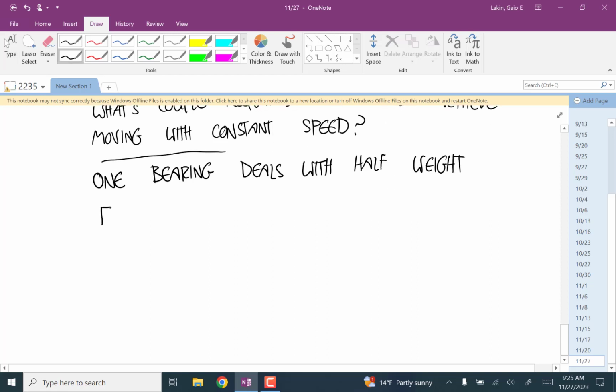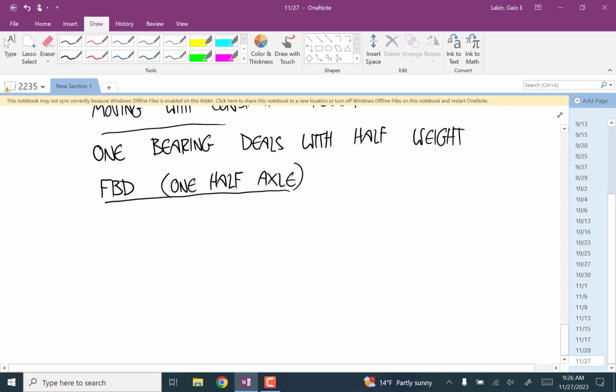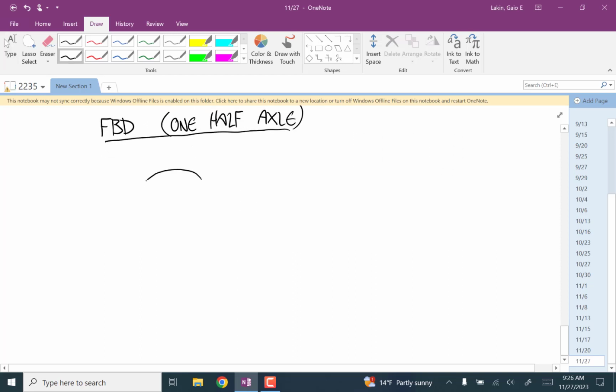And so a free body diagram of half of the axle looks like this. And like you said, I'm not even trying to wrap my head around what directions things are going or anything. I'm just going to keep drawing the same picture.